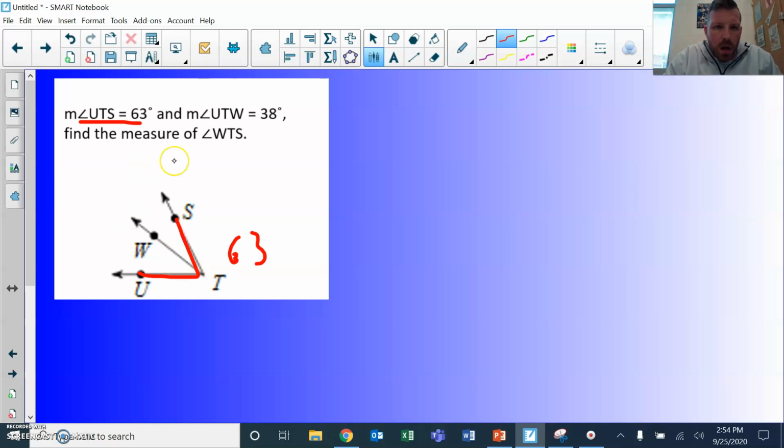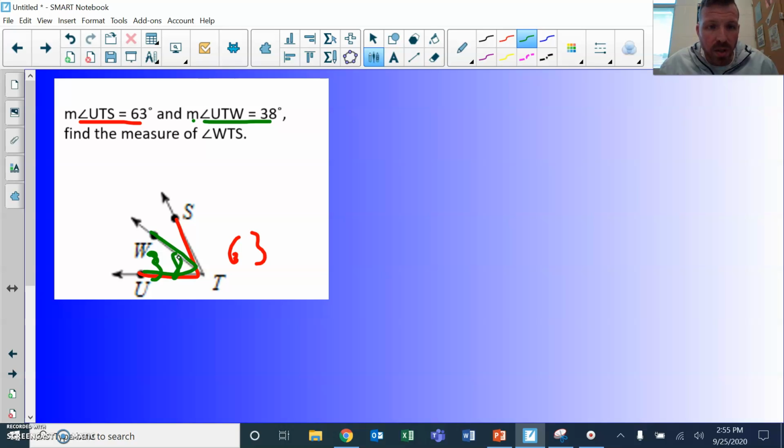All right, let's continue. I also know that UTW is 38. So UTW, which is this piece right here, is 38 degrees, okay? Now, I'm looking for that other piece, which is WTS. Since I have the whole thing and I have a piece of it, all I have to do is subtract the two because I'm looking for another piece of it.